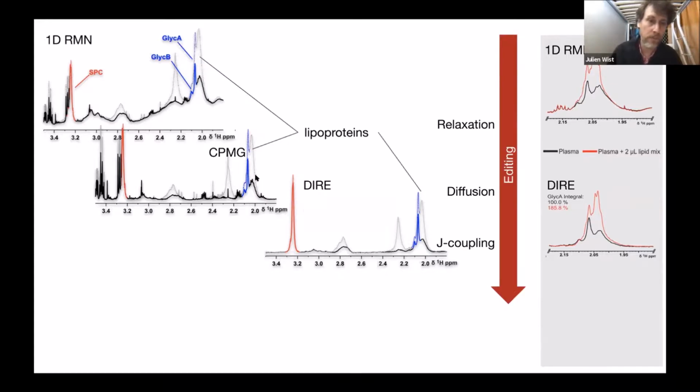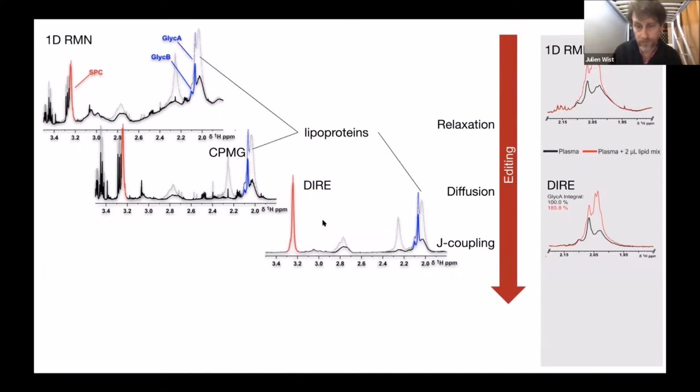The idea was to try to get rid of the small molecules, and there was an experiment proposed years ago by Jeremy when he was working at Imperial College, which they call DIRE, for diffusion and relaxation editing spectroscopy, where basically it's an adapted and adjusted pulsed field gradient experiment where we can use a diffusion filter to remove the contribution from the small molecules.